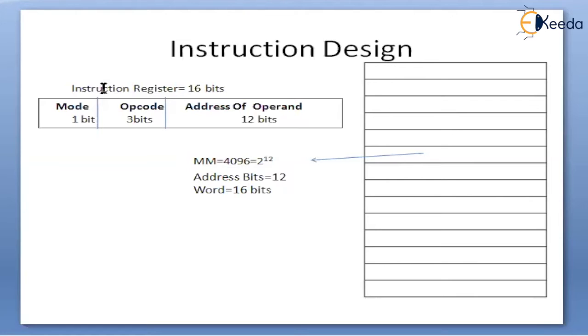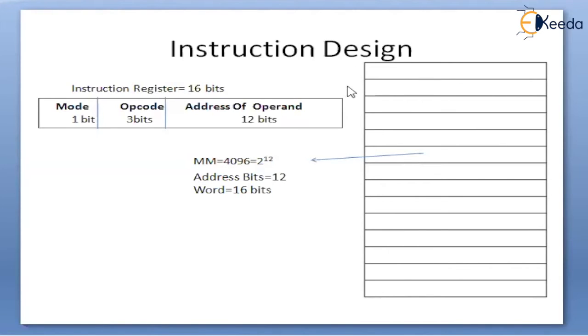We are in fact designing a computer system, and we have already designed the register sets. In designing them, we defined our main memory. Our main memory size is 4096 words, so the address part must be 12 bits, because 4096 words equals 2 power 12.